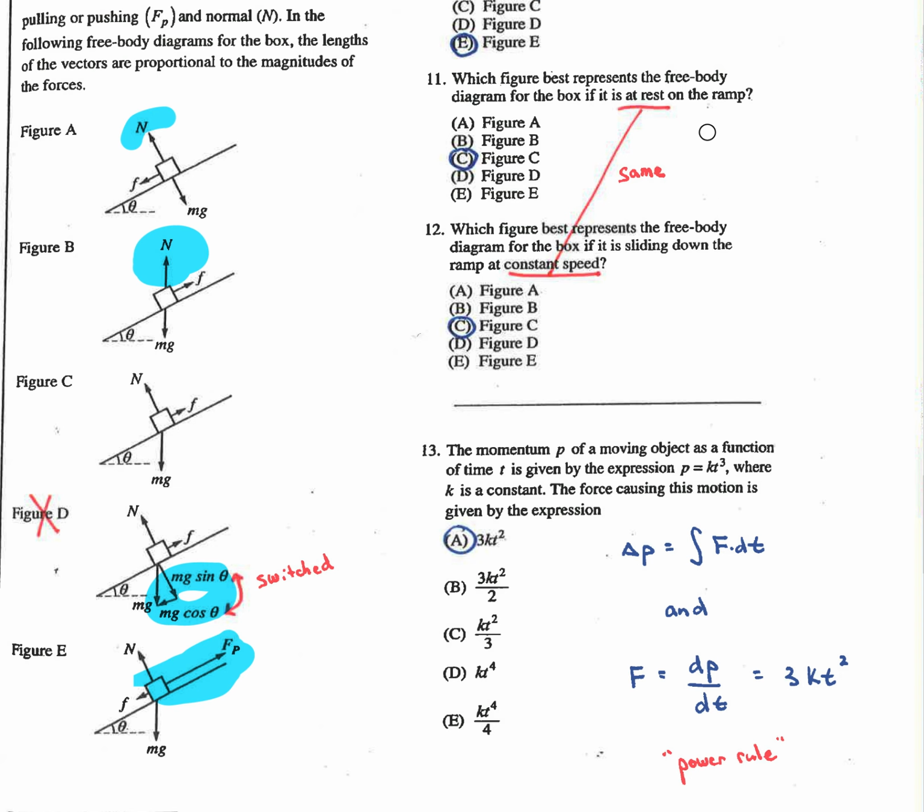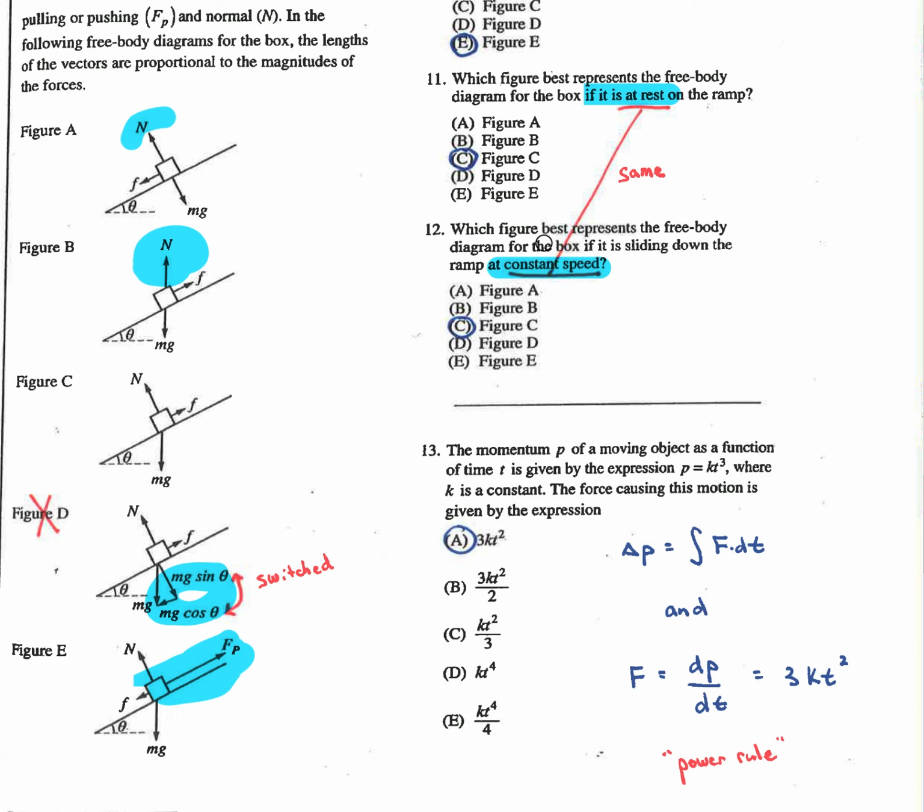Which figure best represents at rest and at constant speed? Remember, a free body diagram of something at rest looks identical to a free body diagram of something moving at constant speed. Free body diagrams talk about forces with accelerations. Well, the acceleration of something at rest is 0, and the acceleration of something moving at constant speed is 0.